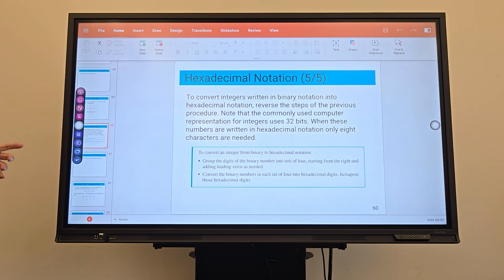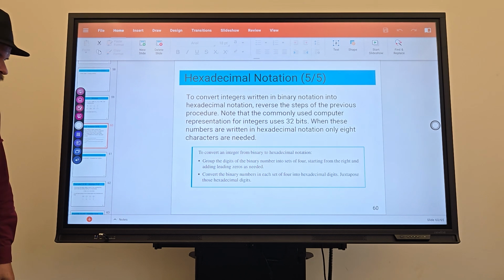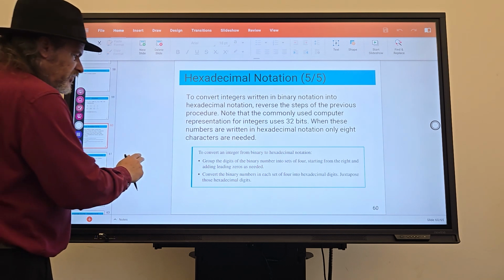If you don't have a number evenly divisible by 4, you pad it on the left with zeros, unless it's a 2's complement negative number, in which case you pad with leading ones in front of the number.